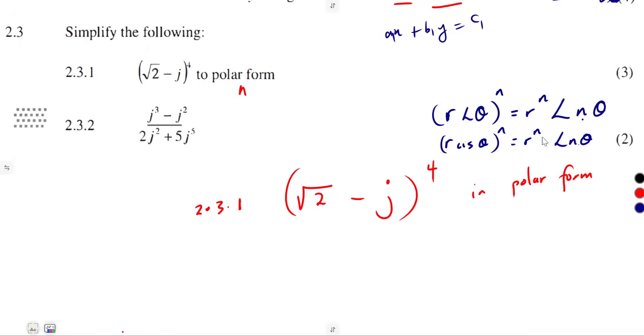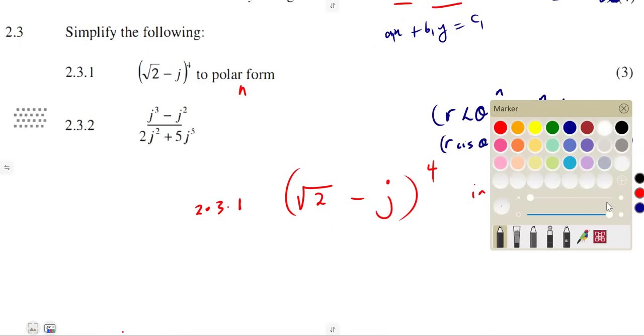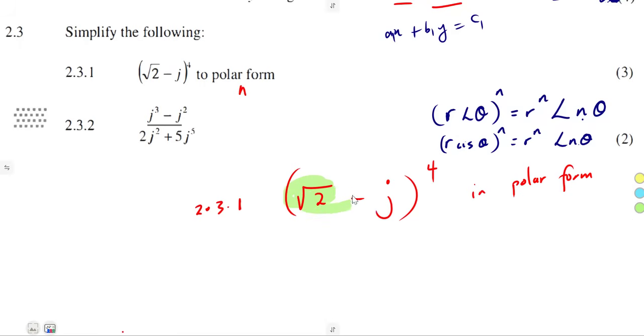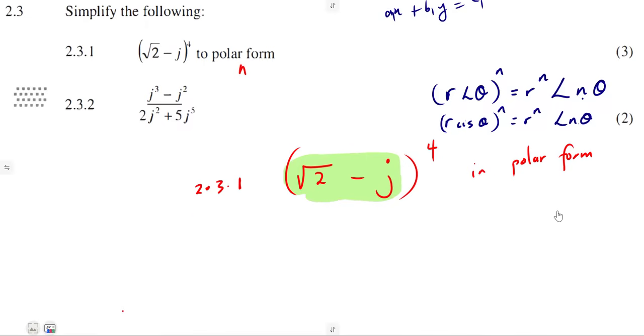If we are to find the polar form of what is inside of the bracket, it is best for us to understand how to represent what we are given here in rectangular form on a Cartesian plane, which is our Argand diagram for complex numbers.